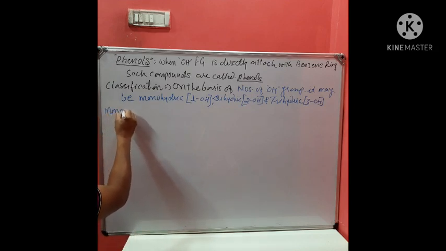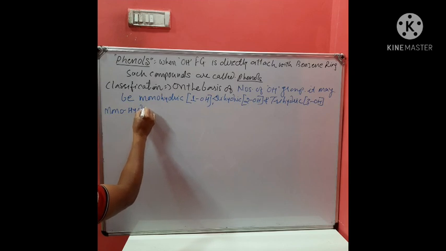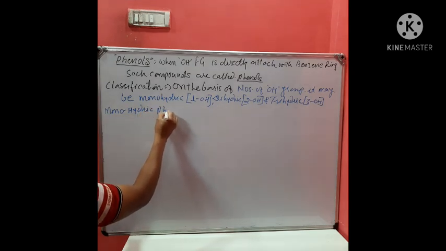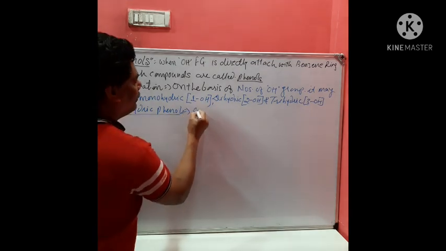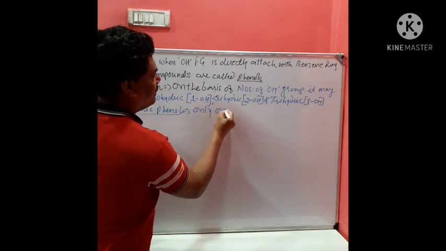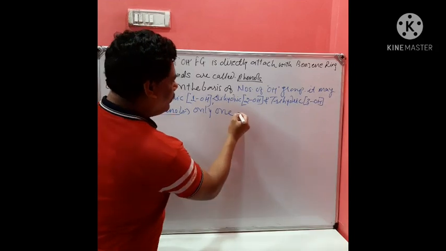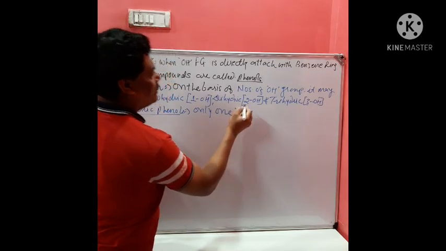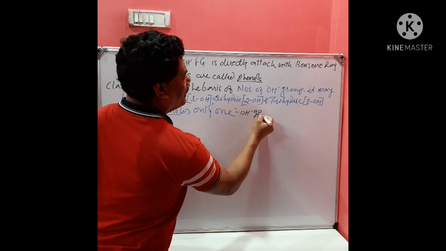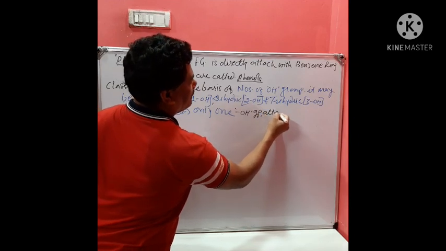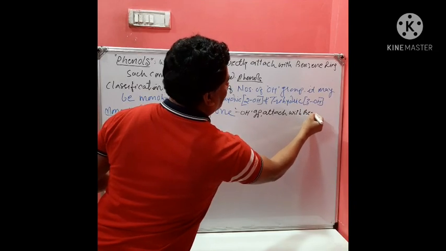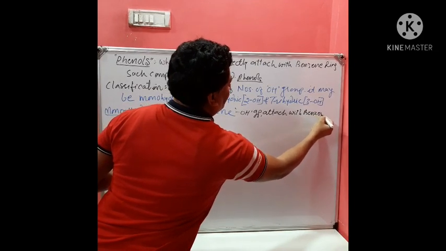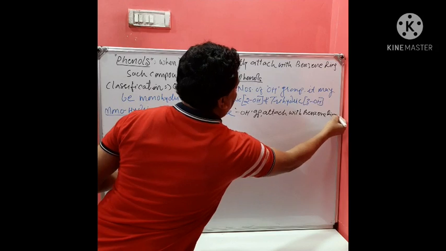Let's search first one, monohydric phenols. Okay, means only one OH group attached with benzene ring.